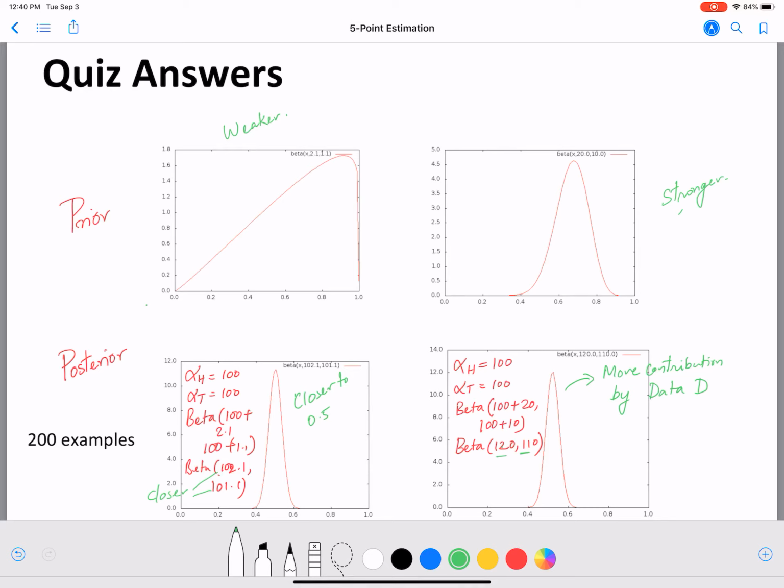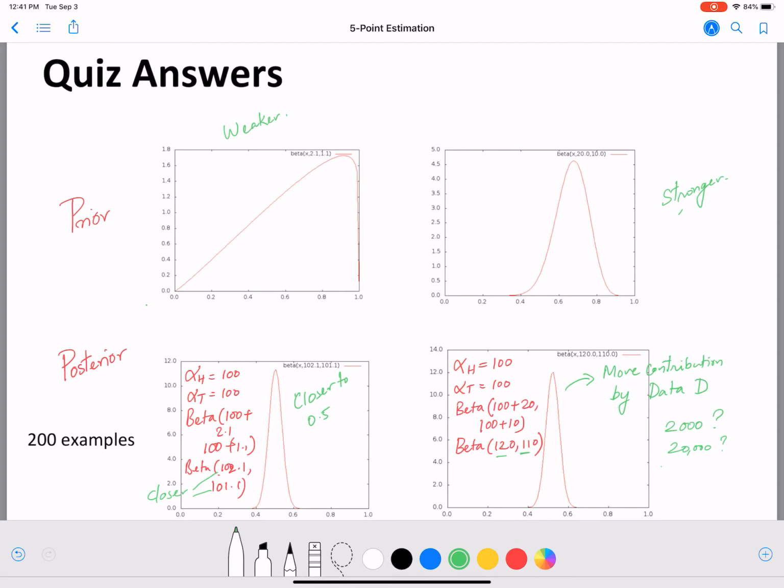Suppose we had 200 examples here. Suppose we have 2,000 examples. Then the contribution of this prior is not going to matter in a data set of 2,000. And 20,000 will diminish it even further, and so on.